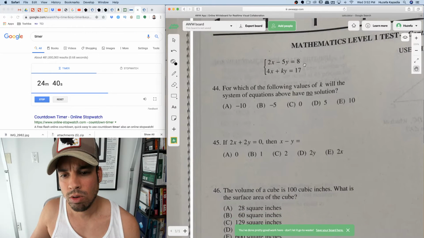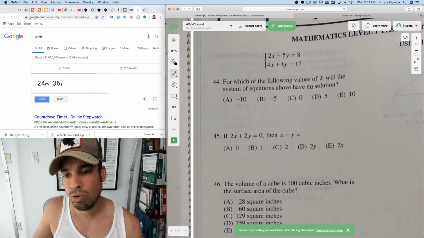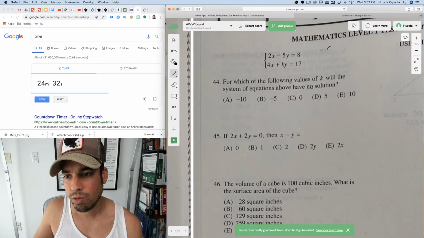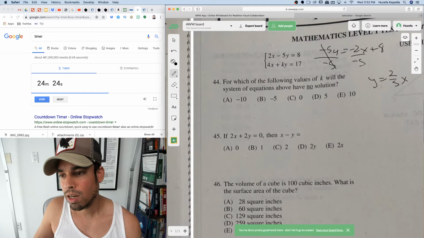44. For which of the following values of k will the system of equations have no solution? Okay, where these two equations are parallel, right? So I'm going to isolate and get the slope of the first one. Negative 5y equals negative 2x plus 8. Divide by negative 5. Y equals 2/5 x. The slope in the first one is 2/5.